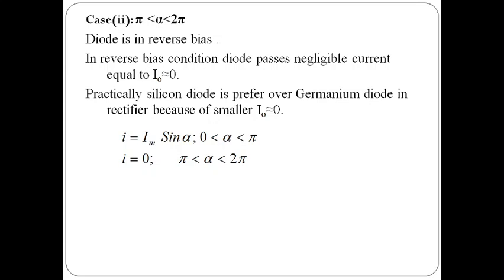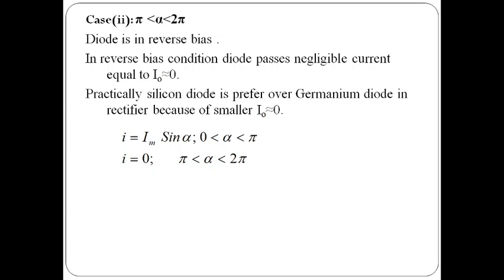So we can define the instantaneous current in the half wave rectifier: I equals Im sin alpha during 0 to pi, and I equals 0 during pi to 2 pi.